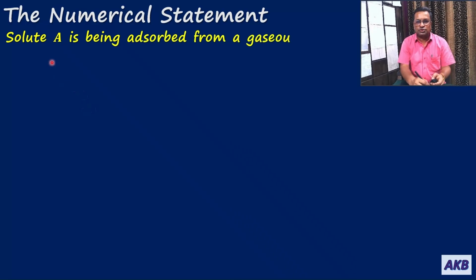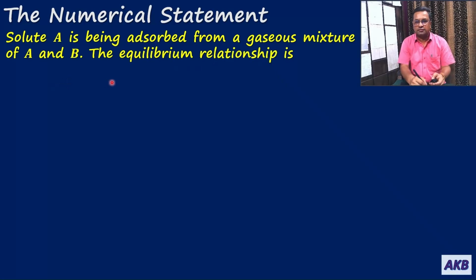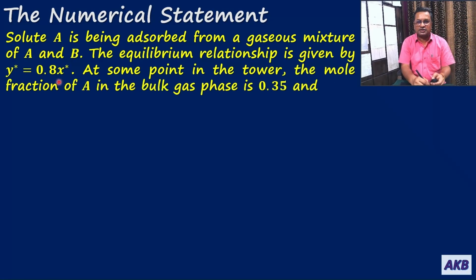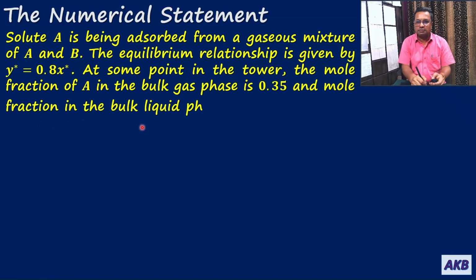We have solute A being absorbed from a gaseous mixture of A and B. The equilibrium relationship is given by y star equals 0.8 into x star, where x star and y star are in equilibrium with each other. At some point in the tower in which this absorption is carried out, the mole fraction of A in the bulk gas phase is 0.35 and the mole fraction in the bulk liquid phase is 0.15.